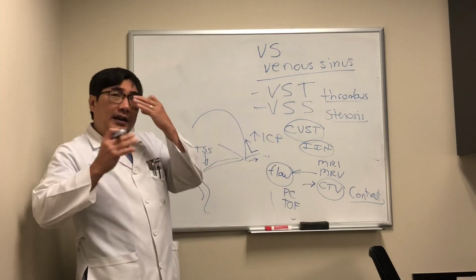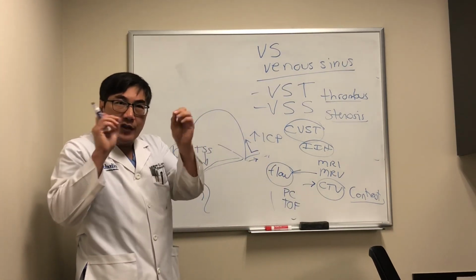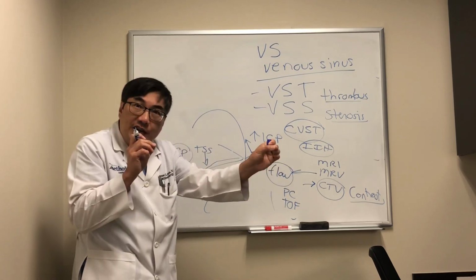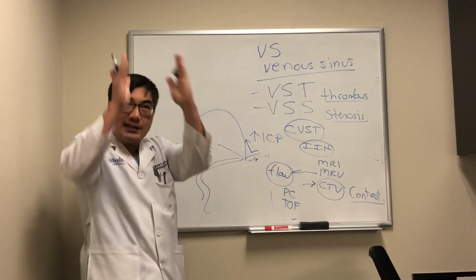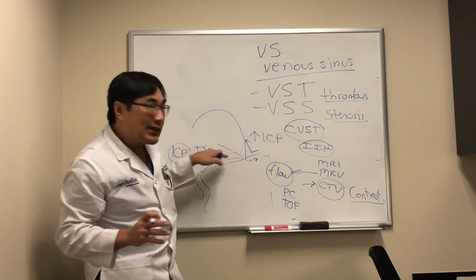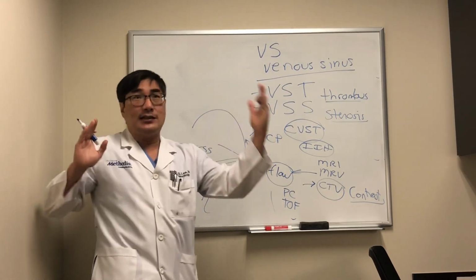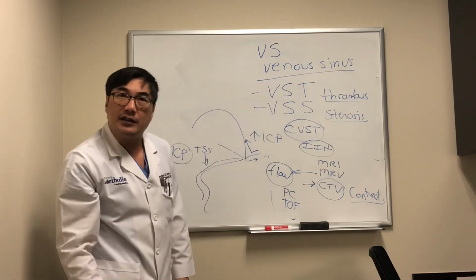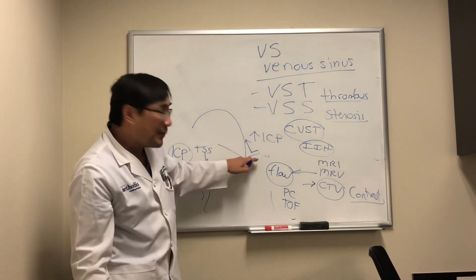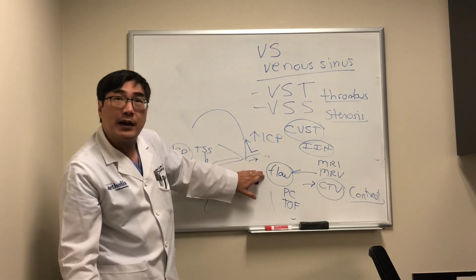So we're using the phase of the flow in the venous tree, in phase or out of phase in the magnetic field, to tell us about flow, or time of flight, which is like it sounds, the time of the flight of the flow. So for flow-dependent structures, we can do MR venograms.